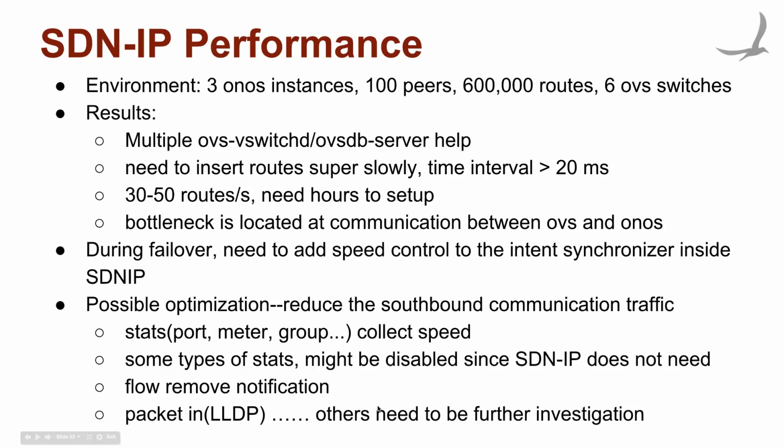We think we need to isolate whether it's an OVS problem, because this doesn't match up with what we see with the null provider when we test performance. It's either the SDN-IP side, the ONOS core, or OVS. It's not clear enough; clearly it needs to be flushed out exactly where the problem is.